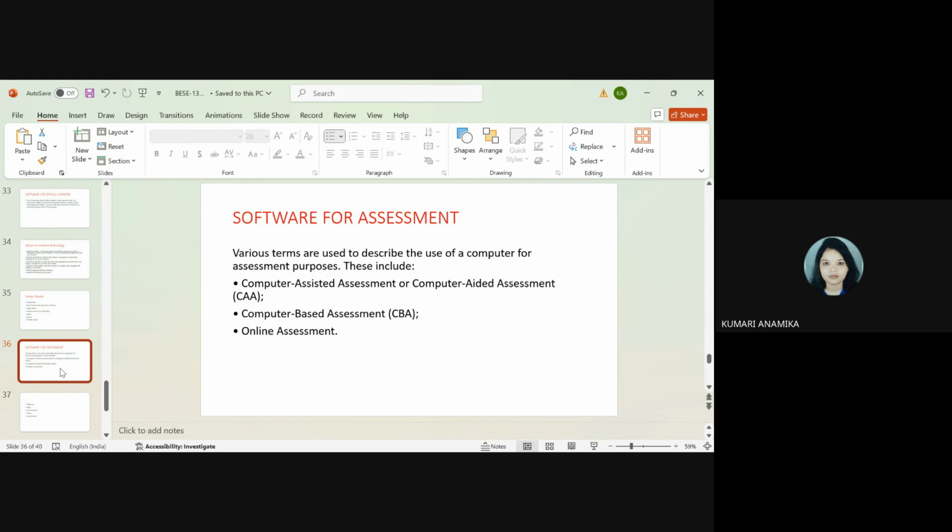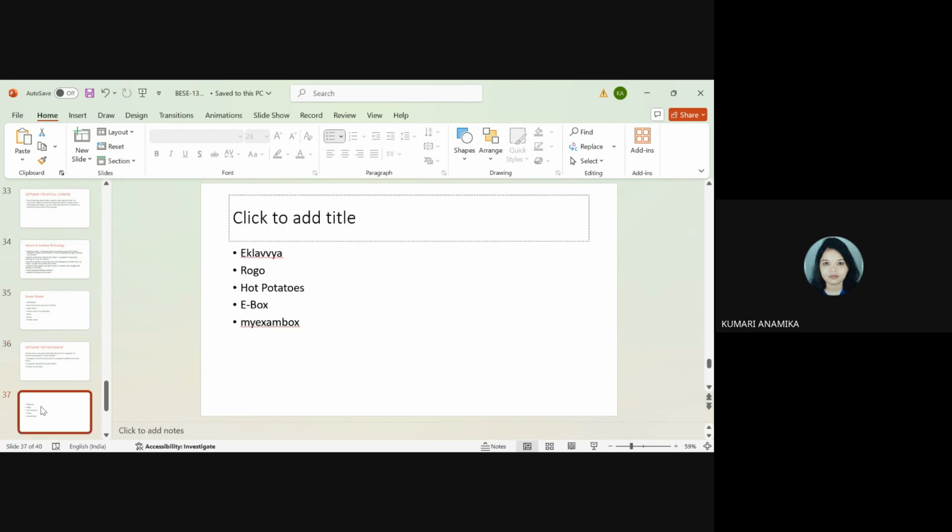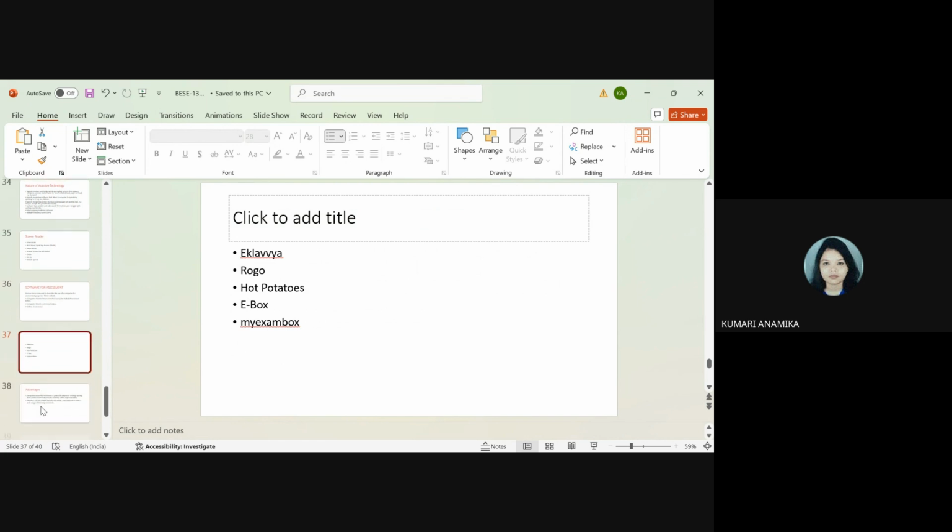Very commonly this word is used. Online assessment is also there. These are the various platforms where you can go for online examination: Eklavya, Rogo, Hot Potatoes, eBox, My Exam Box. These are the online assessment platforms.